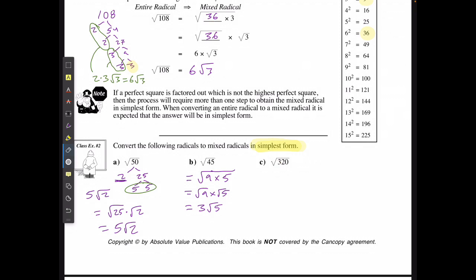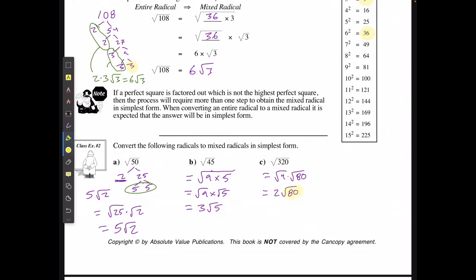I know I can divide this by 4, and then I'm going to be left with 80, which would give me 2 root 80.